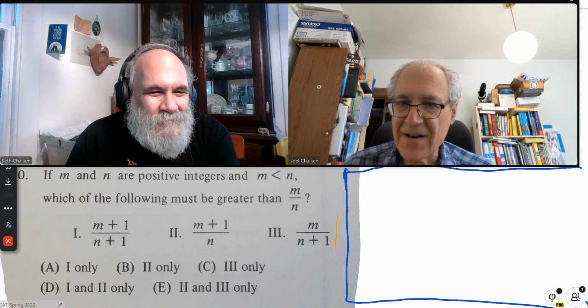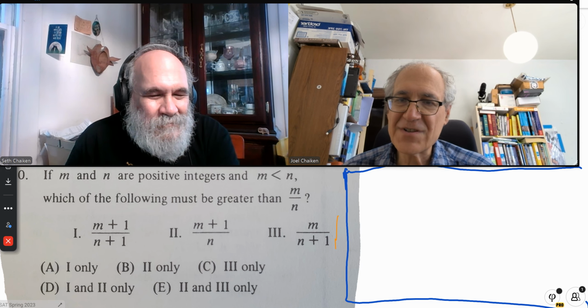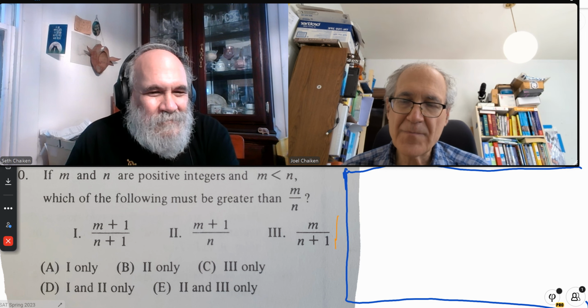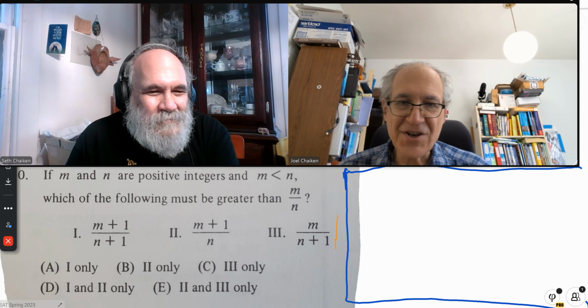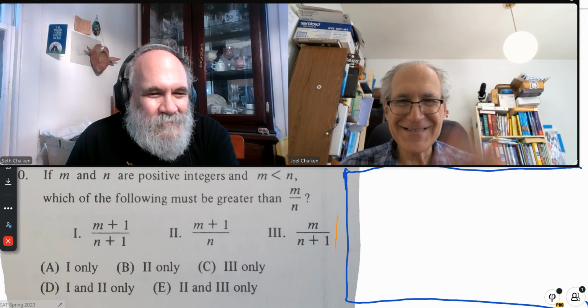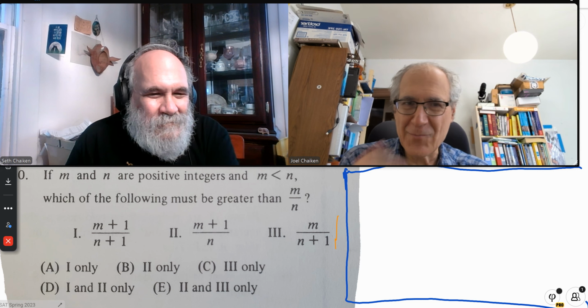Okay. If m and n are positive integers and m is less than n, which of the following must be greater than m divided by n? This is what I would call a number theory problem. I don't really think they ask these types of questions anymore. So, they're positive integers. M is less than n. The way Seth's going to do it, because he does the PhD in math and he knows a lot more number theory than I do.